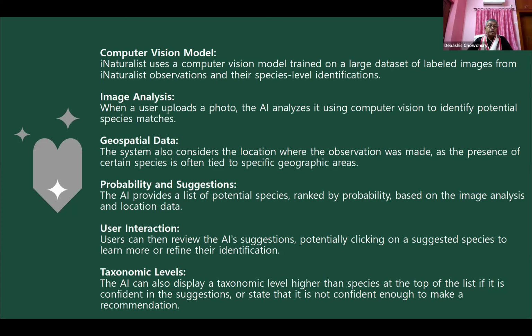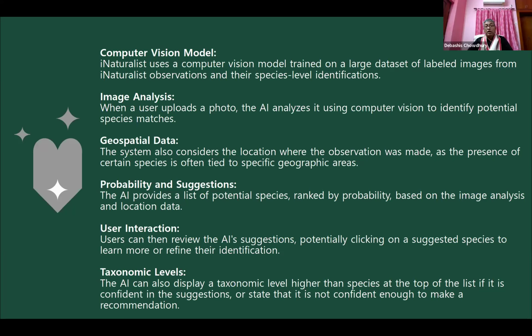Now, geography: the system also considers the location where the observation was made, as the presence of certain species is often tied to specific geographic areas. Some species occur in the Himalayas only, and a similar-looking different species might be observed in other places like peninsular India.